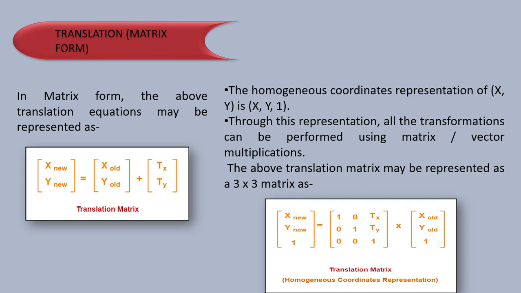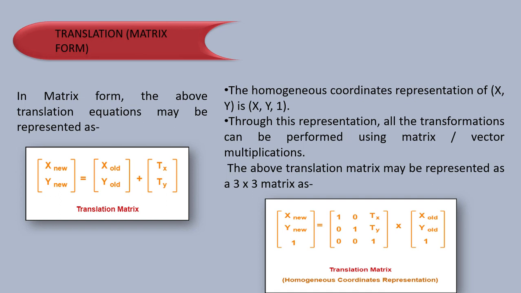In matrix form, the above translation equation may be represented in this format: the column vector x new, y new equals x old, y old plus tx, ty. Now the homogeneous coordinate representation of x and y is x, y and 1. Through this representation, all transformations can be performed using matrix or vector multiplication.